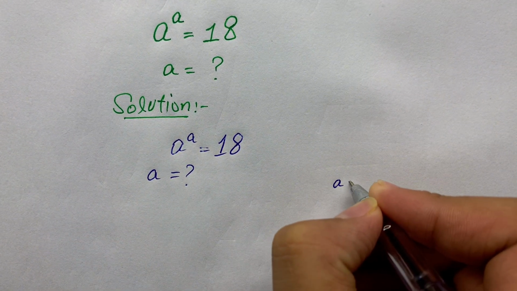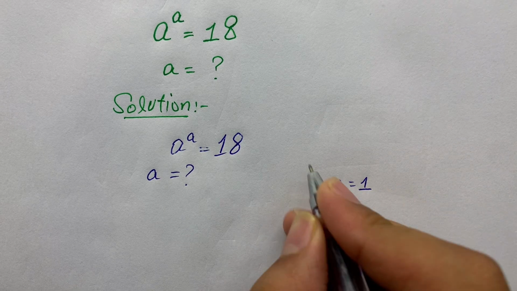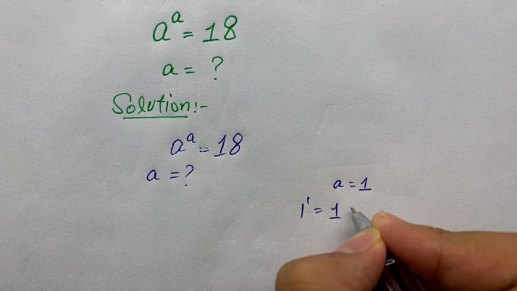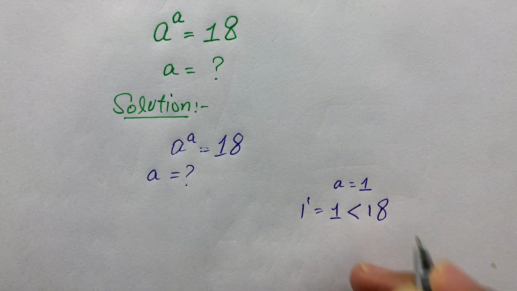If a is equal to 1, then a to the power a is 1 to the power 1, which is equal to 1, that is less than 18.